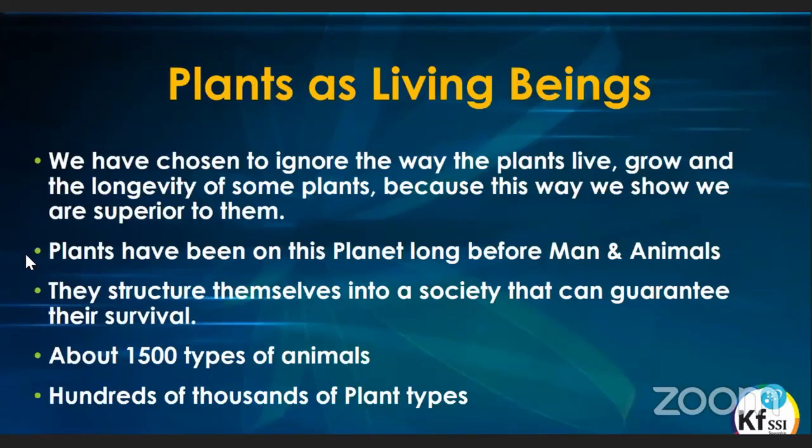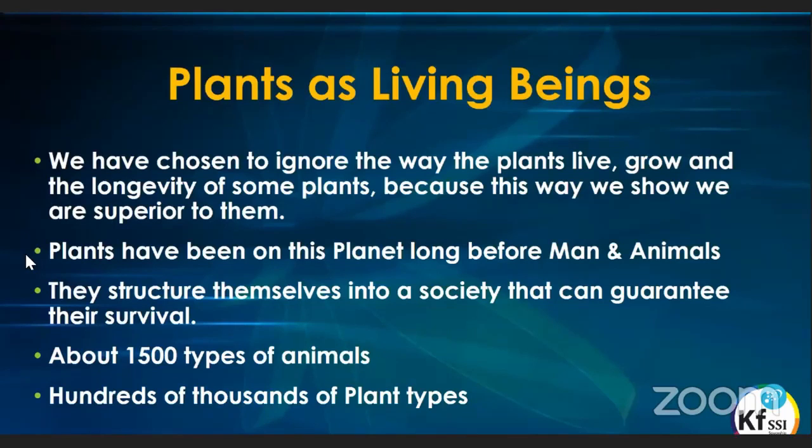We, as human beings on this planet, have chosen to ignore the way that plants live and grow and the longevity of some plants, because this way we show that we are superior to them. You know, the plants are in a different time scale to us.